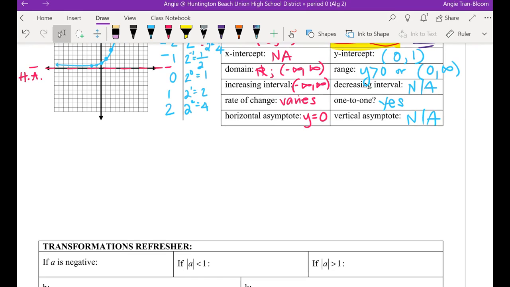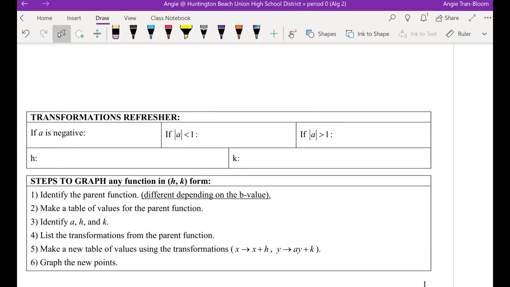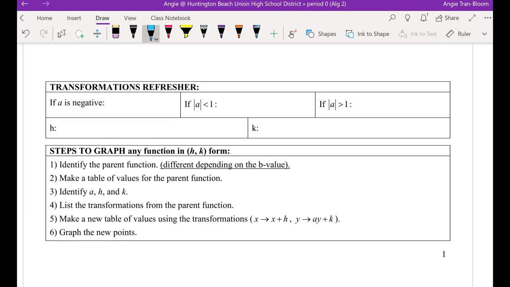Okay. So let's go back to the transformation refresher. If the a value is negative, what kind of transformation is that? Reflect over the x-axis. Now, if the absolute value of a is less than 1, like a half, like 3/4, what kind of transformation is that?